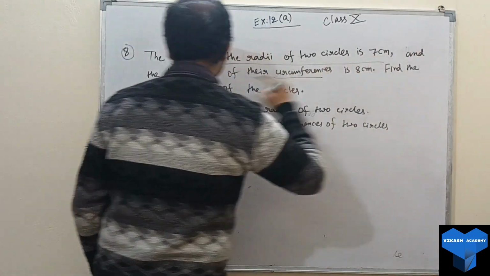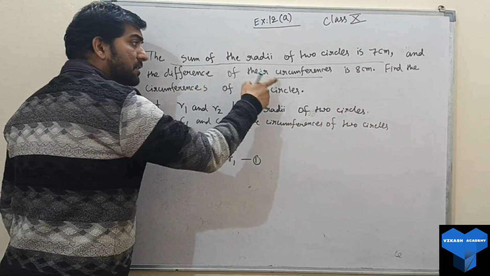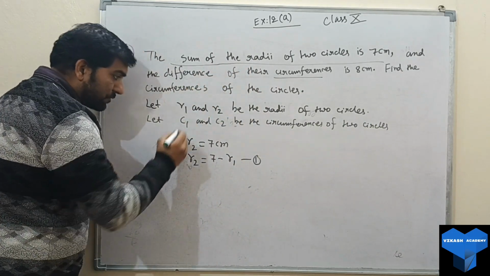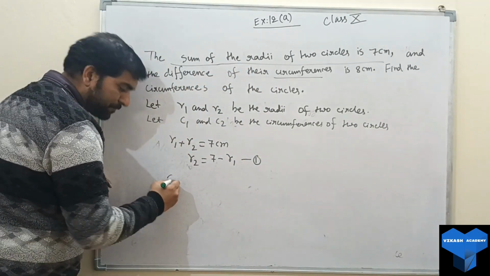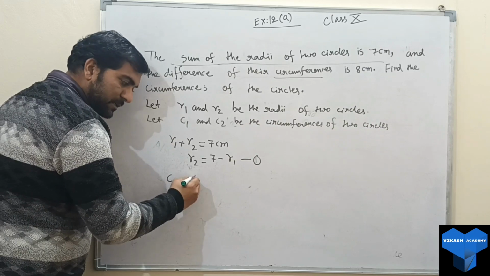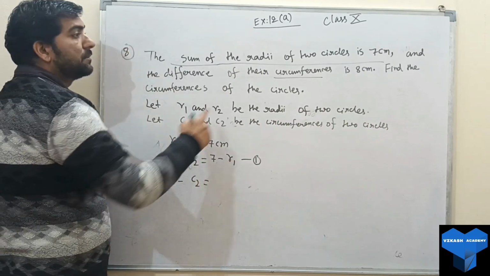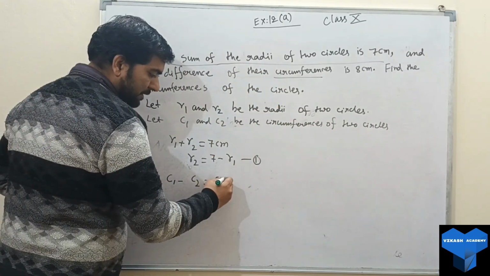Now the second condition: the difference of their circumferences. Difference means minus, so C1 minus C2 is given as 8 centimeter.